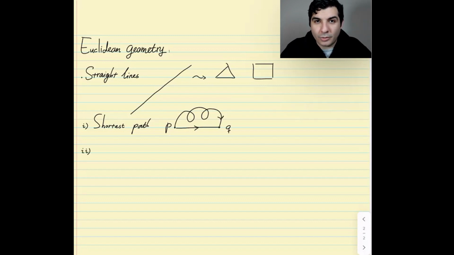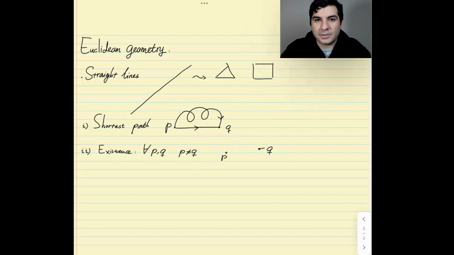Another essential property of lines and segments is their existence. For any 2 points P and Q on the plane, there is a straight line going from P to Q. There's a line connecting them. In fact, if we assume P and Q are two different points, there's just one line connecting them, right?